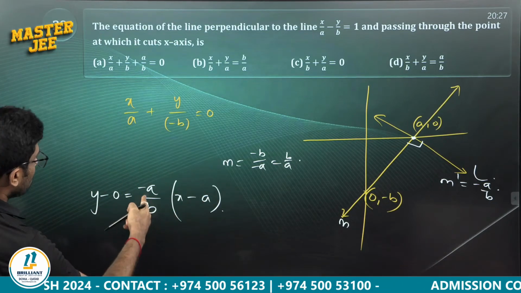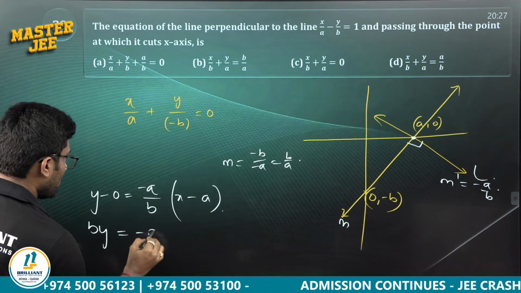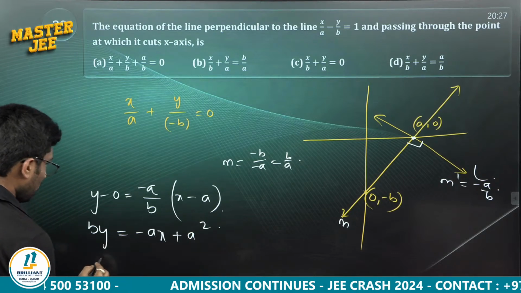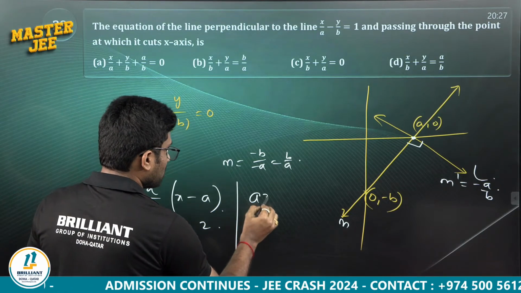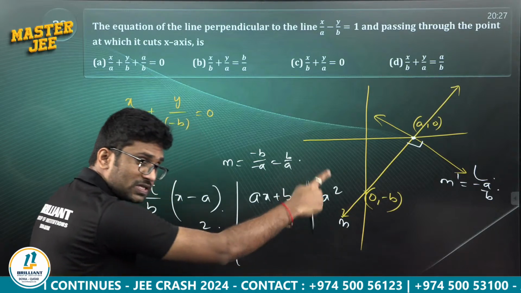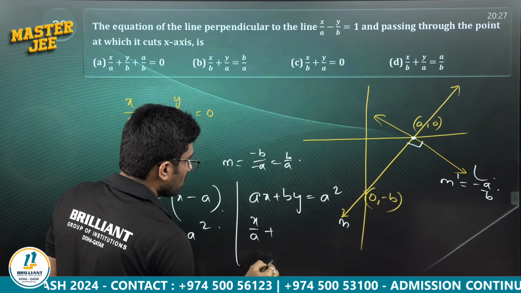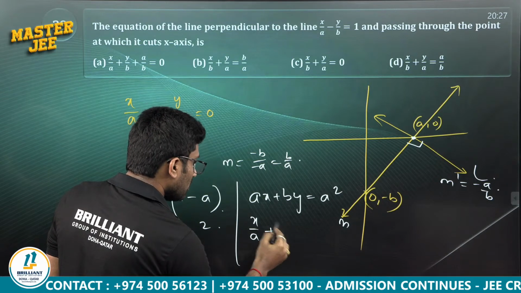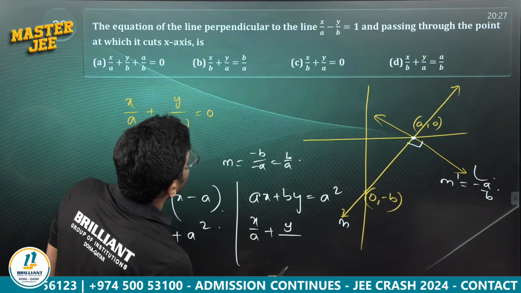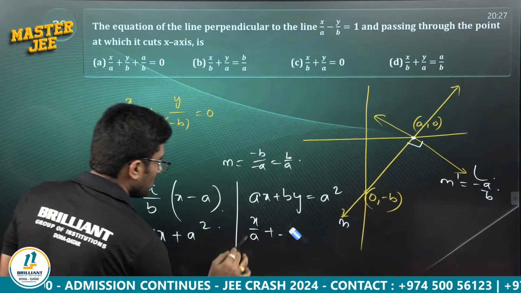There we get by is equal to minus ax plus a square. So we get ax plus by is equal to a square. They are not asking us to divide both sides by a square.